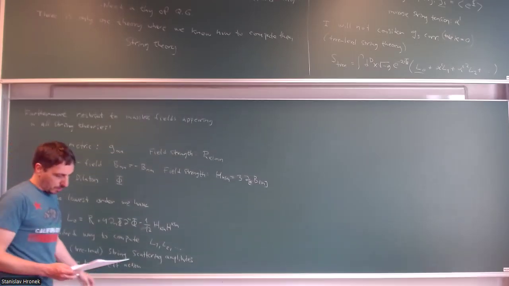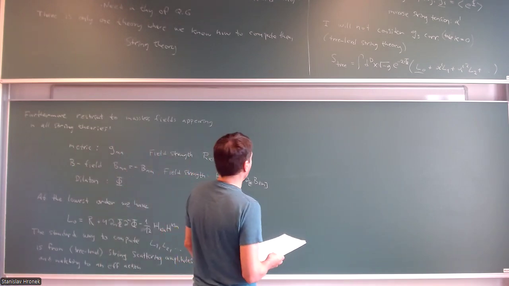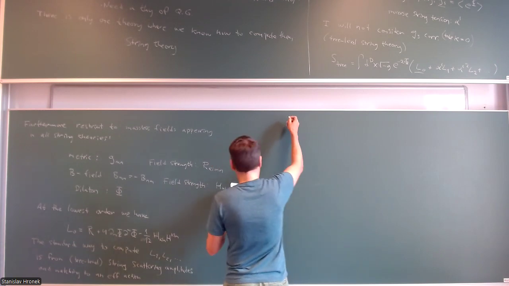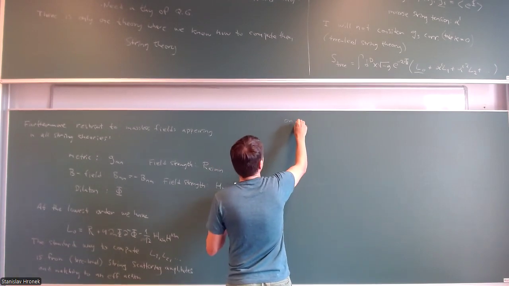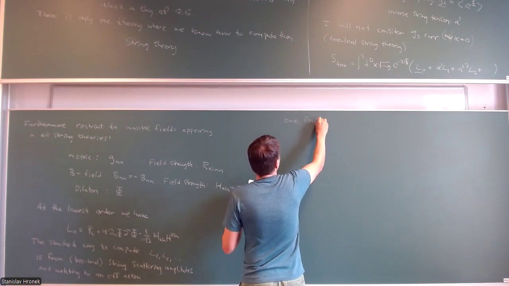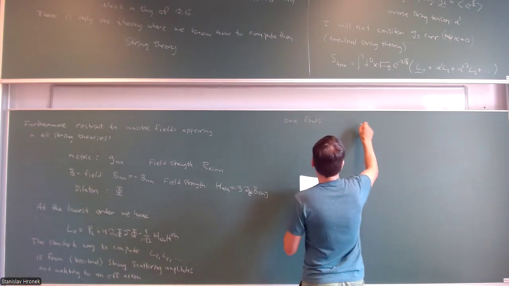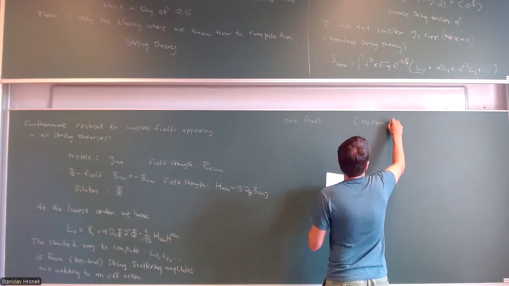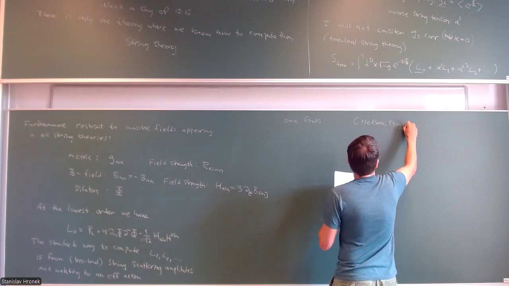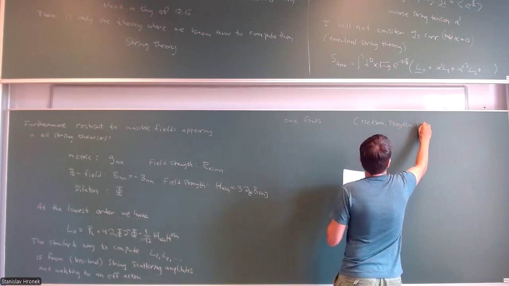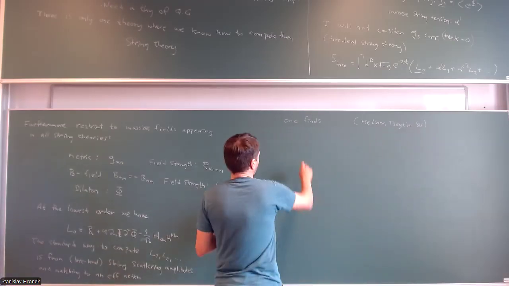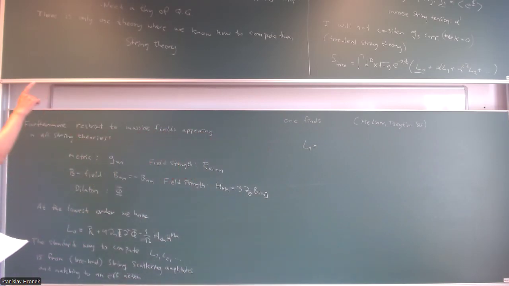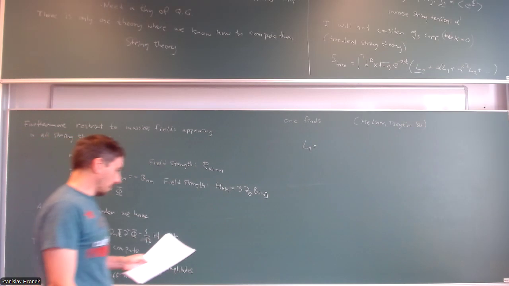Okay, and for the first correction, this was done quite a long time ago. It was found by Metsaev and Tseytlin. They completed the first correction. They found that it involves something that looks like the Riemann tensor squared.